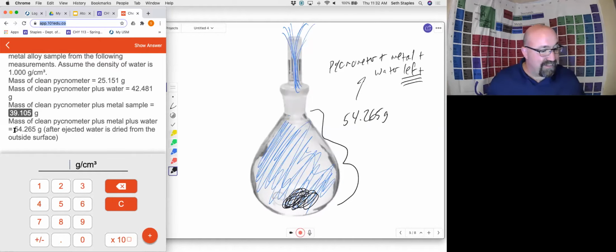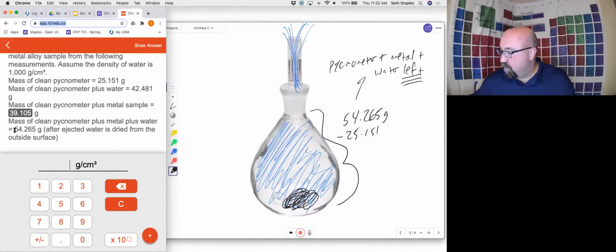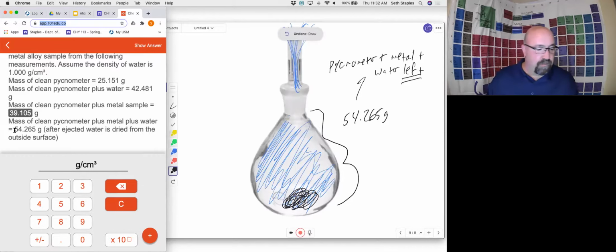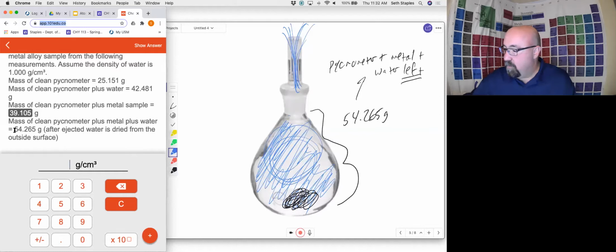If we subtract that now from the mass of the empty pycnometer that we had before, so from our 25.151 grams, that leaves us with a mass. Sorry, let me back up. I was looking at the wrong thing. What we want to do now is find the mass of just the water that was left over in here. So the mass of the water left.